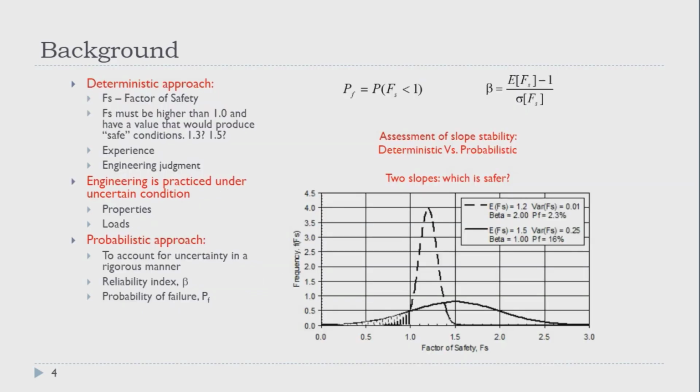So what is the benefit of doing probabilistic analysis of slope stability? Well, first we need to examine what a deterministic analysis means. A deterministic analysis is based on the factor of safety, of course, which is computed based on deterministic input parameters. The deterministic approach deals with a problem that is plagued with several sources of uncertainty.